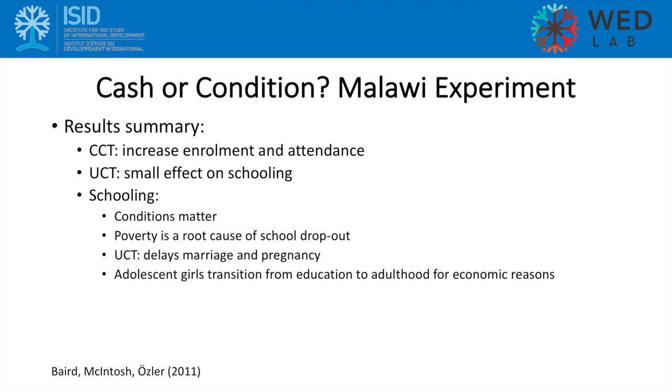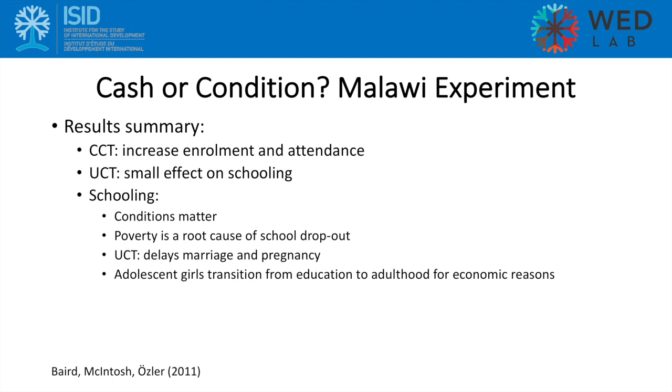What they also find, though, is that poverty is a root cause of school dropout. Okay, so that's already confirming something that we probably already knew, but it's an important thing to keep very clear. What they find that's really interesting, though, is that the unconditional cash transfer delays child marriage or girls' marriage and delays her pregnancy.